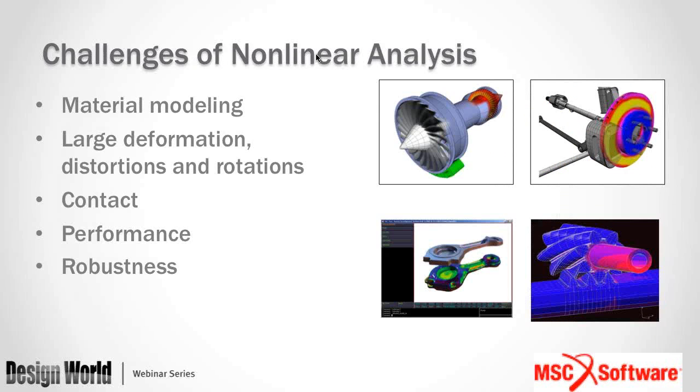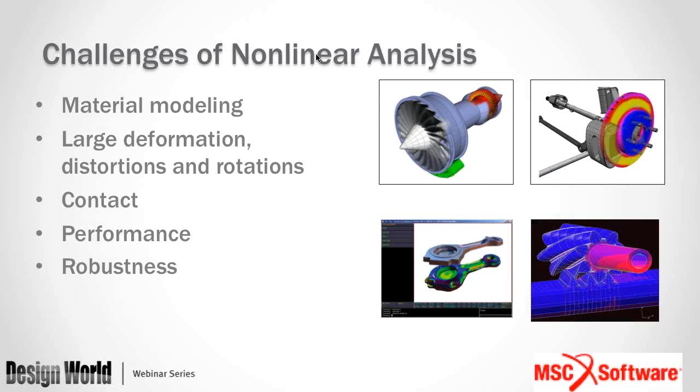So in the previous slide, we saw the major sources of nonlinearities. Let us now look at the challenges involved with nonlinear analysis in tackling all those situations. First of all, you need a software solution that can provide appropriate constitutive material models so that we represent the materials more accurately.